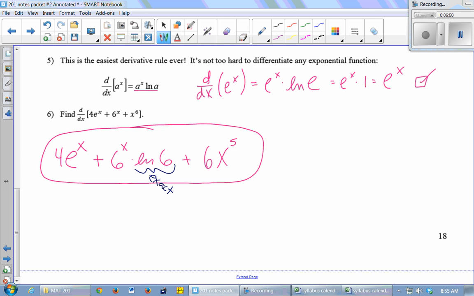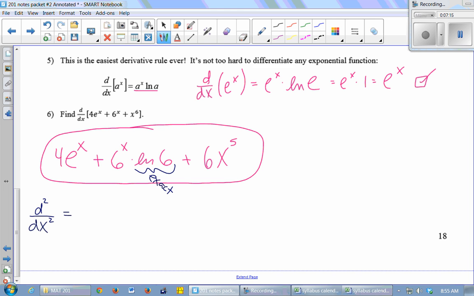Why? Because of the chain rule? The ln of 6 is a constant, right? So if I was going to take the second derivative of this, not a bad idea, let's do it.